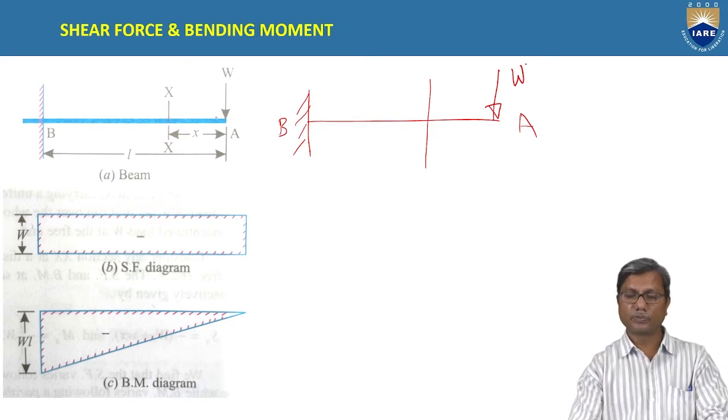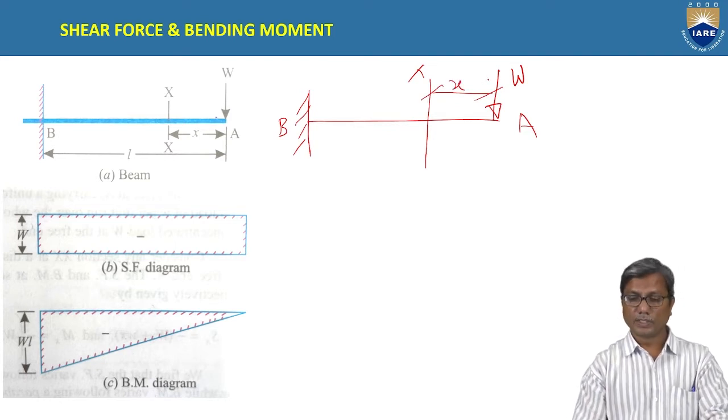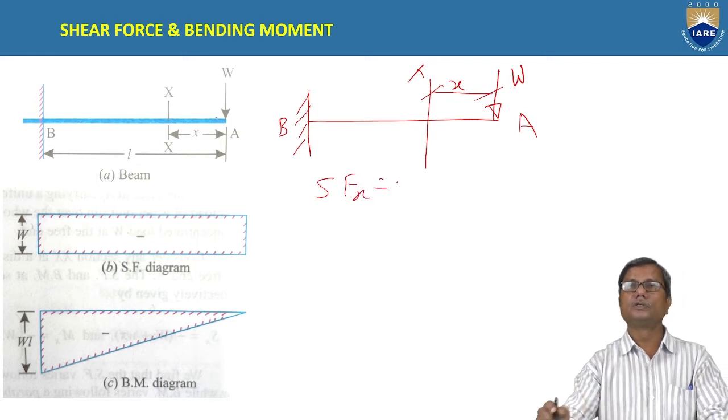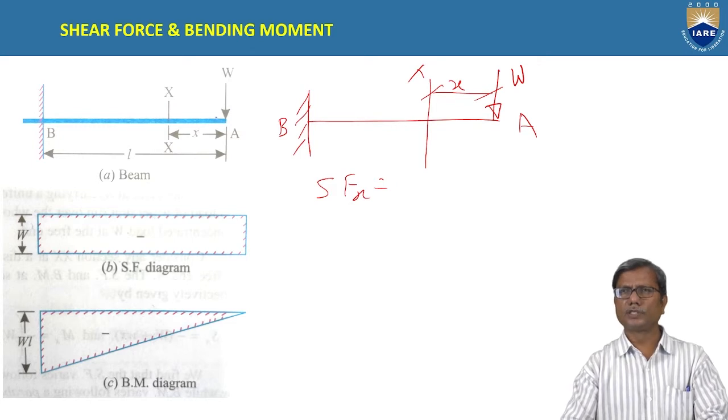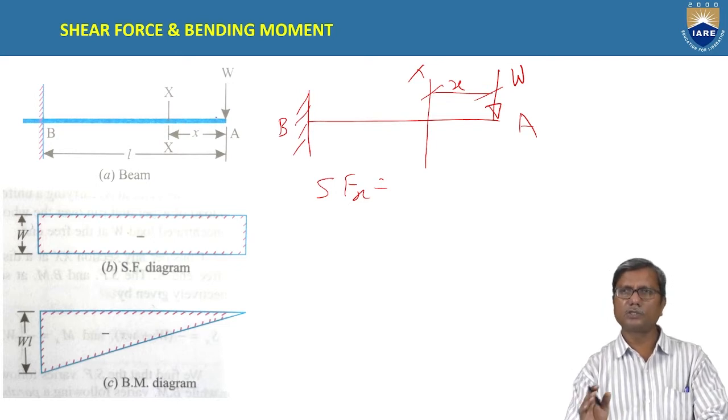Now we consider the section at a distance x from the free end. What is the shear force at section x? Considering the right hand side, the free end side. In this case, the free end is towards the right, so we consider the right hand side.